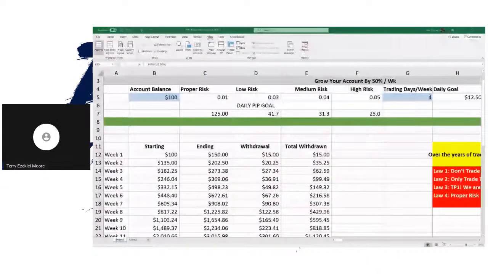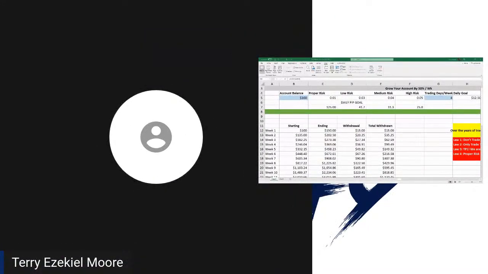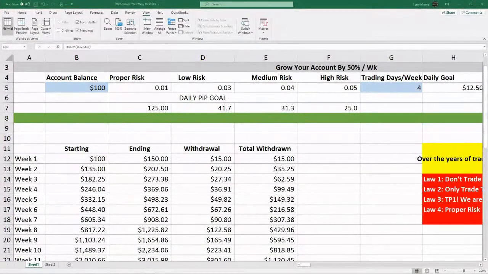I'm not sure if you guys can see my screen or not. Can you see the compounding interest sheet? Because I think it's a delay. So I'm not sure if y'all can hear me or not. But okay, we good. Okay, perfect.